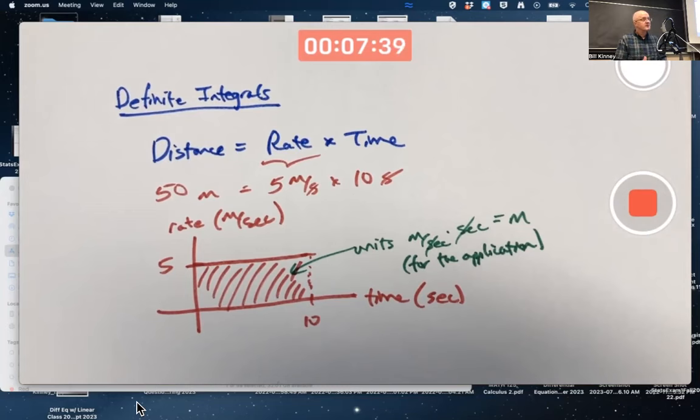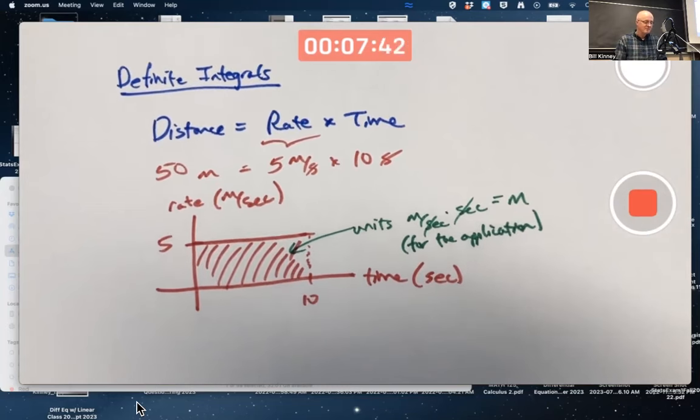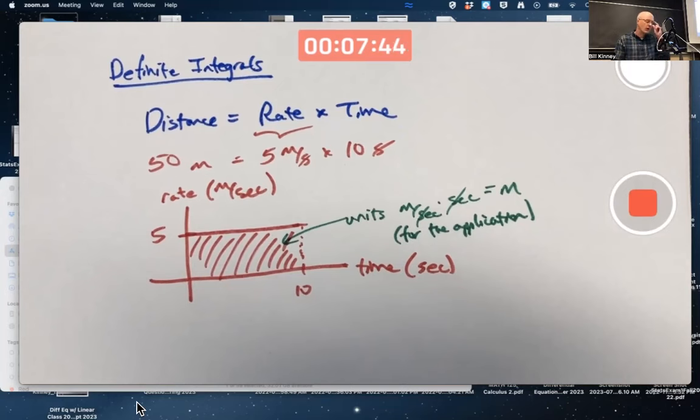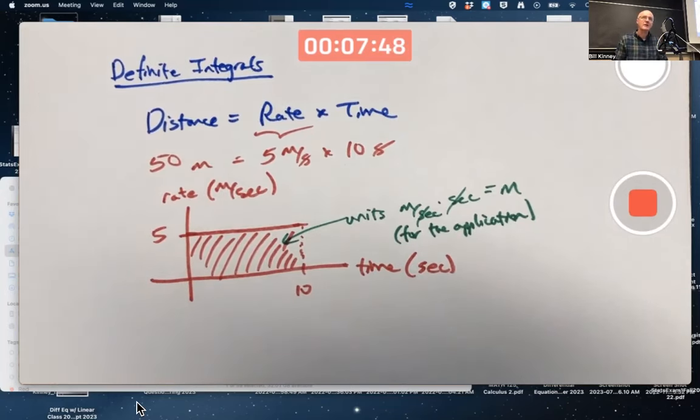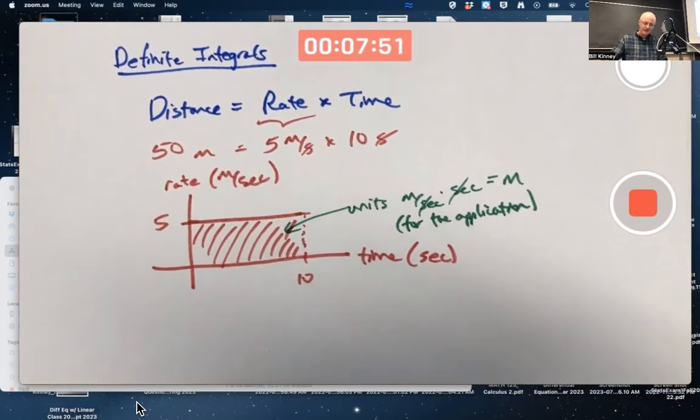So that's the most basic kind of application. We do want to work toward, again, generalizing this. Here's one way you could think about generalizing it.